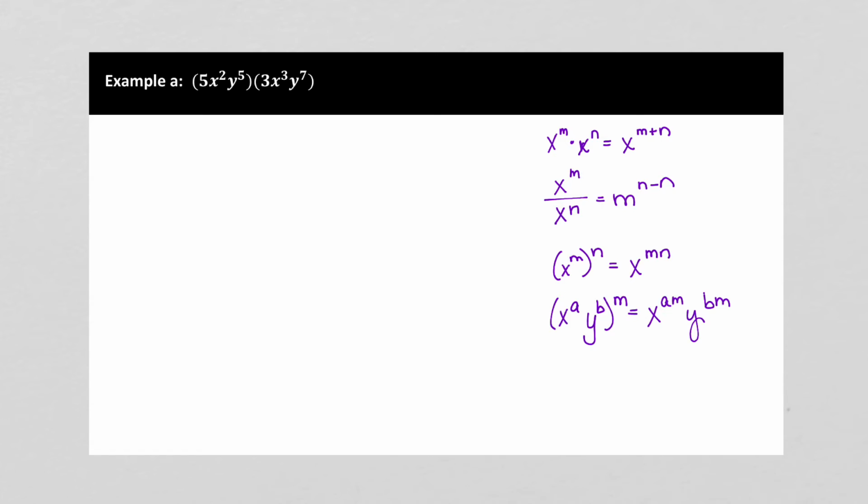And then we have quotients, x to the a over y to the b, all to the m. You can also put that on the top and the bottom. So x to the am over y to the bm.